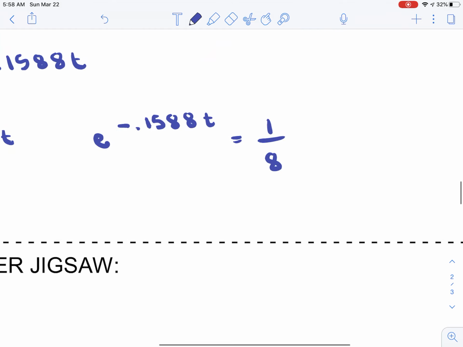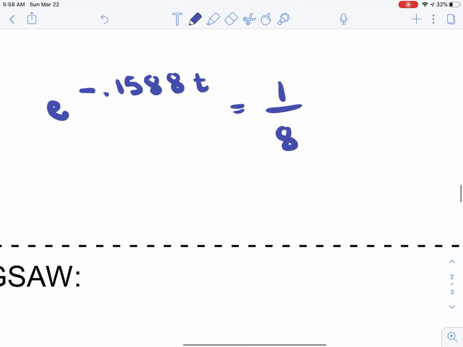Once you get here, this is the same thing as the front of the notes, where we have e to some power equaling 1/8. I'm going to write this in log form. Again, you could take the natural log of both sides, but I'm going to rewrite this with log form. Natural log, my base is e, so that becomes the base of the log.